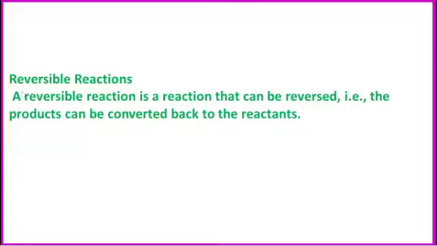Reversible reactions. A reversible reaction is a reaction that can be reversed. That is, the products can be converted back to the reactants.